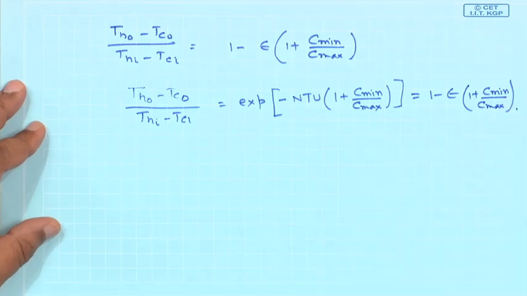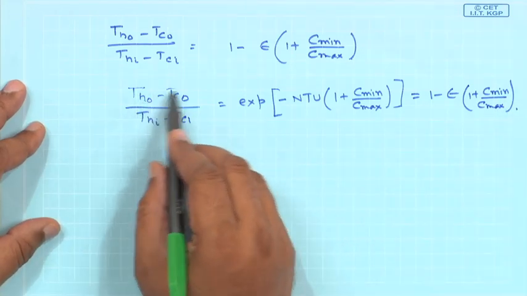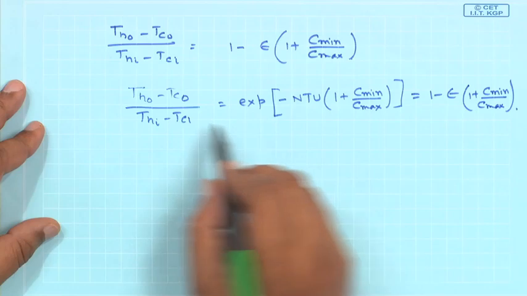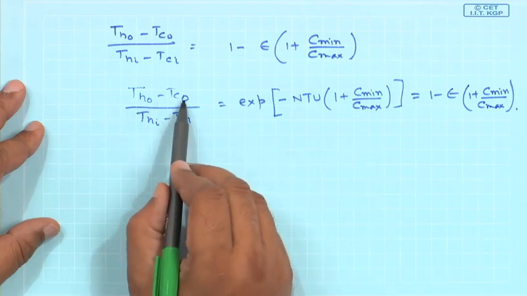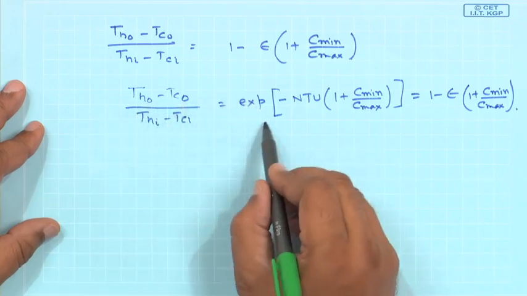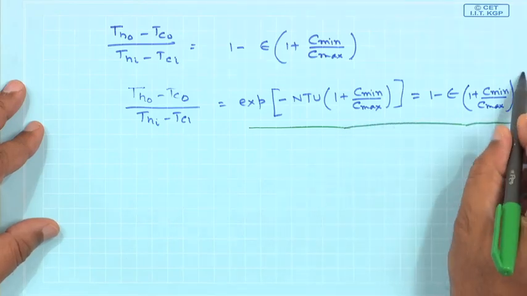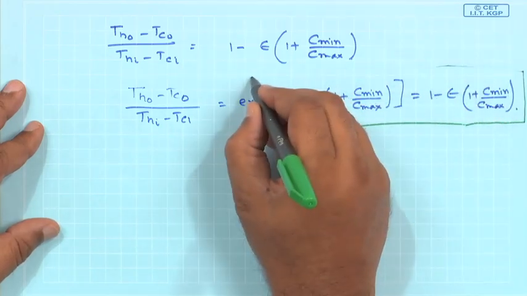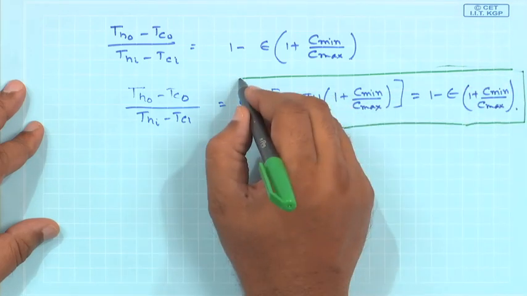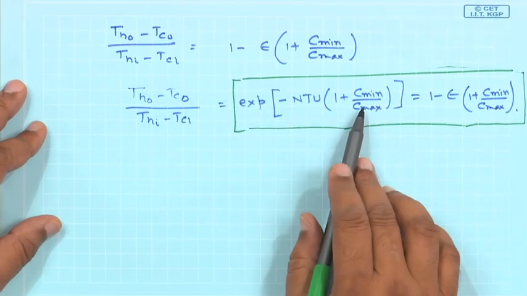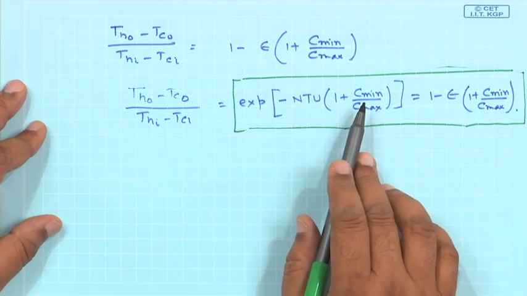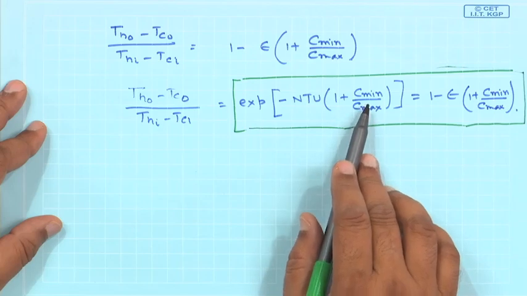So what you would see here is that this temperature difference containing two outlet temperatures is now replaced by an expression containing epsilon and NTU, but it does not contain any of the outlet temperatures.